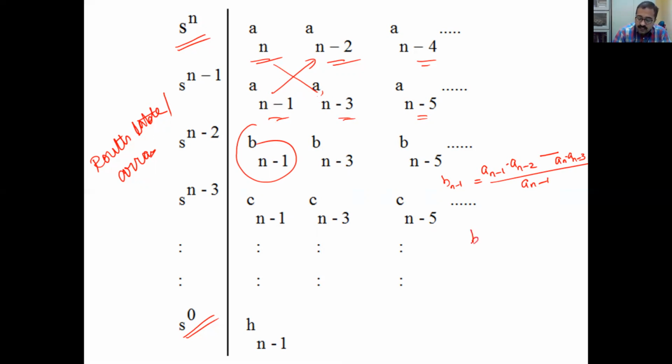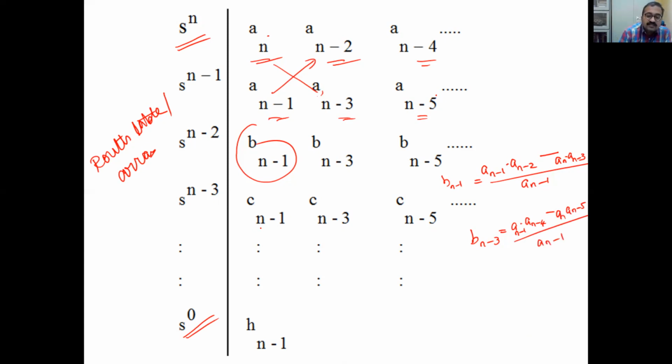That will be my bn minus 1. What is bn minus 3? Bn minus 3 will be (an minus 1 into an minus 4 minus an into an minus 5) whole divided by an minus 1, and so on.